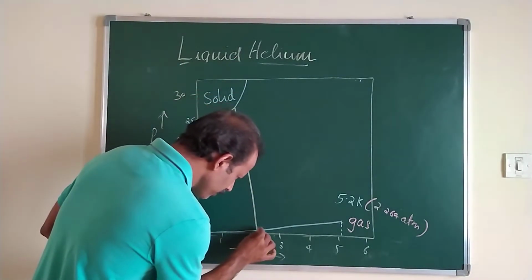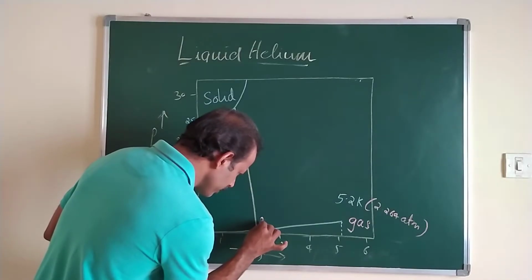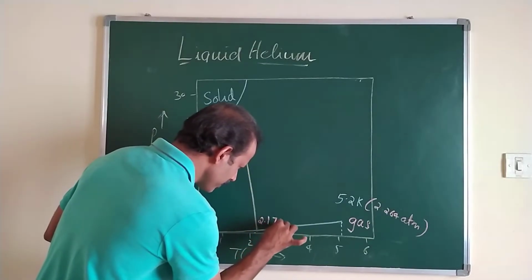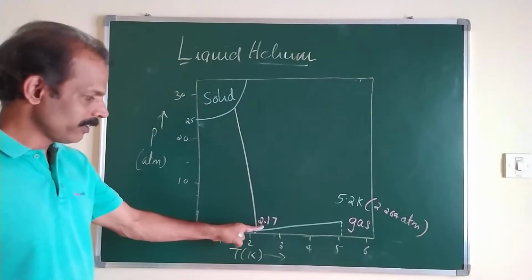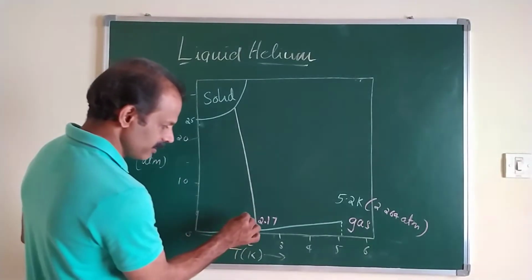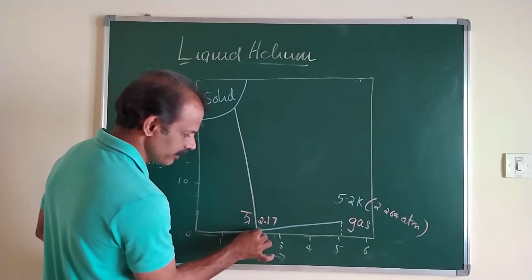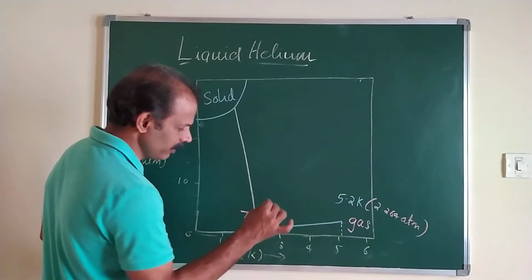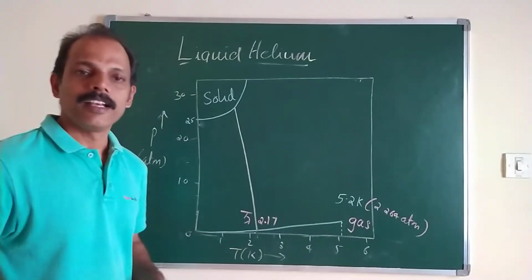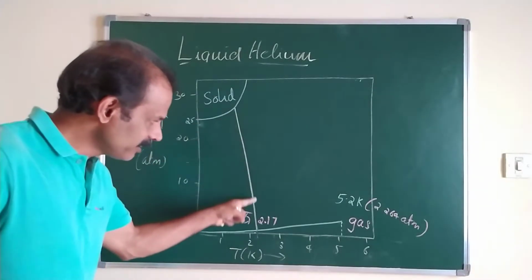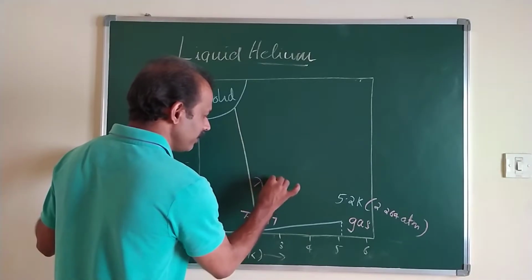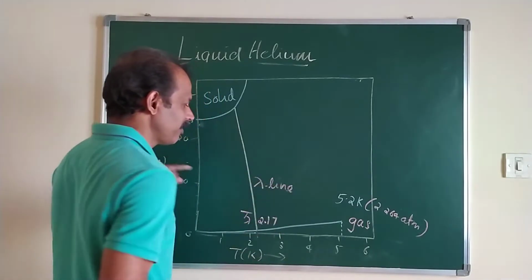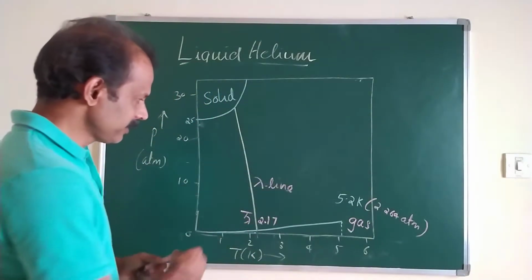So, this is our 2.17 Kelvin. That means this is the lambda point, and this line is known as the lambda line, that is, where the lambda transition takes place.